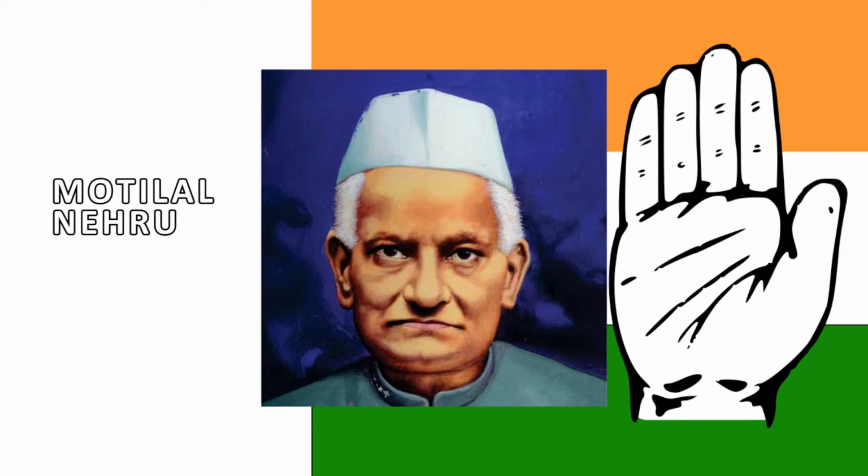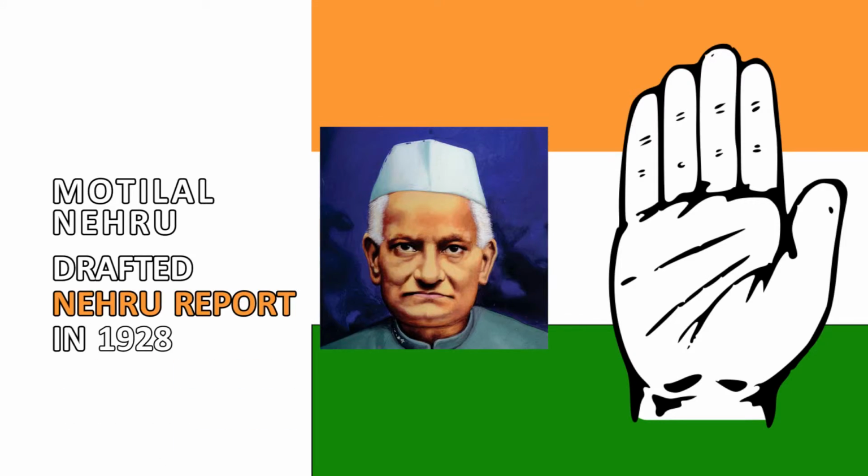In 1928, at the All India Party Conference, a subcommittee was appointed. This subcommittee was appointed under the chairmanship of Motilal Nehru. Motilal Nehru drafted the Nehru Report in 1928.